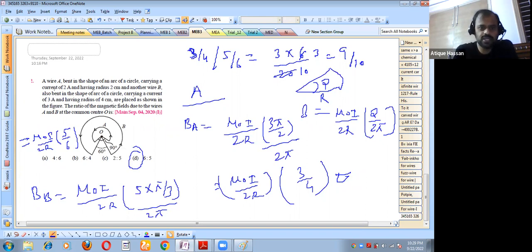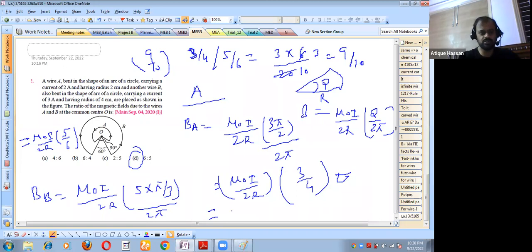Yes, so here we can put the values. Mu naught by 2 will be constant, that is okay, and the radius of the first wire is 2, right?